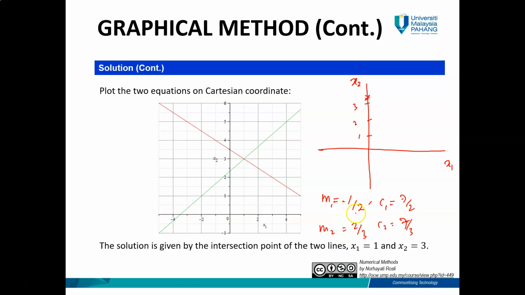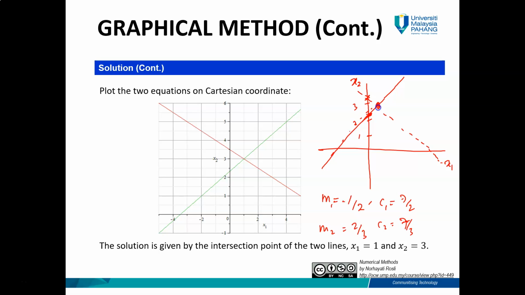And then with slope negative 1 over 2, roughly our graph will be like this. For the second one, we have 7 over 3, which is 2 point something, let's say somewhere here. You can actually plot using graph paper, and the slope is positive, so the graph will be like this.